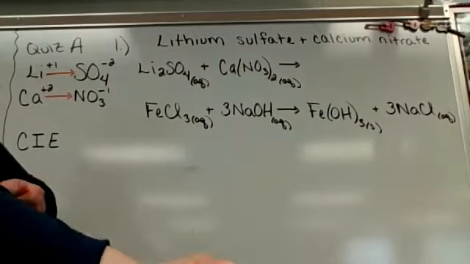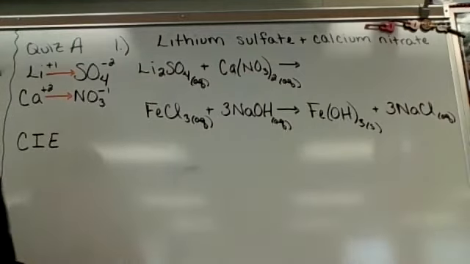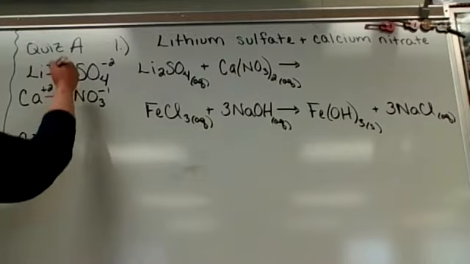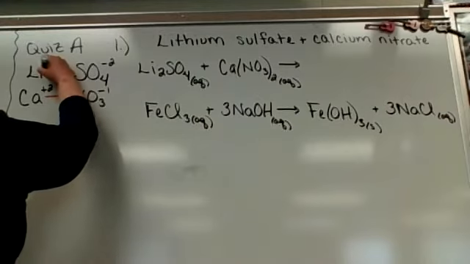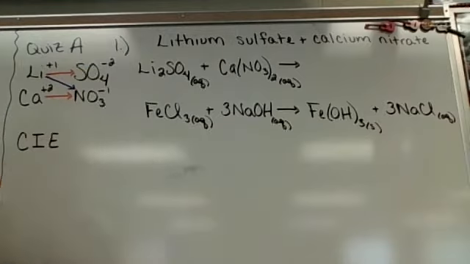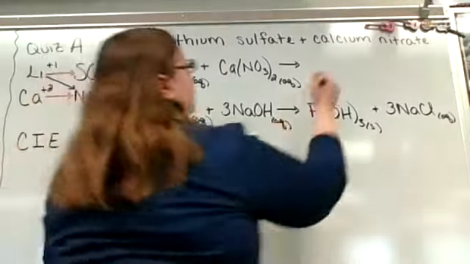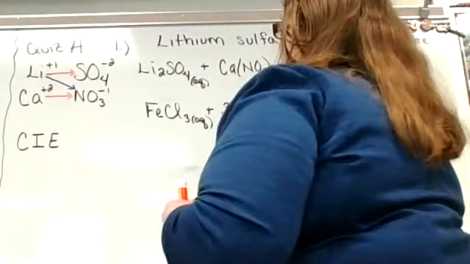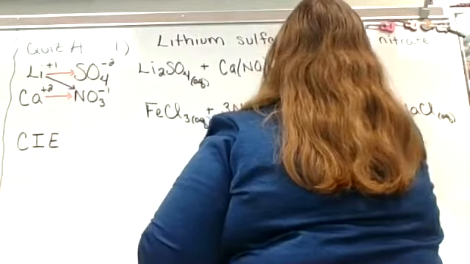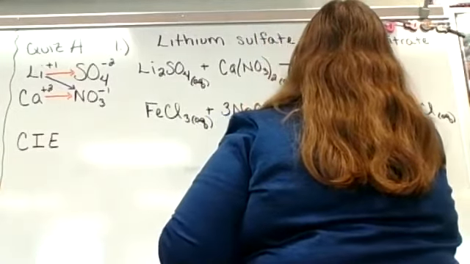And then to predict the products, you are going to go diagonally down. So Li, you're going to switch the cations basically. So Li is going to be with the NO3. Li is a plus 1, NO3 is a minus 1. So you have LiNO3.